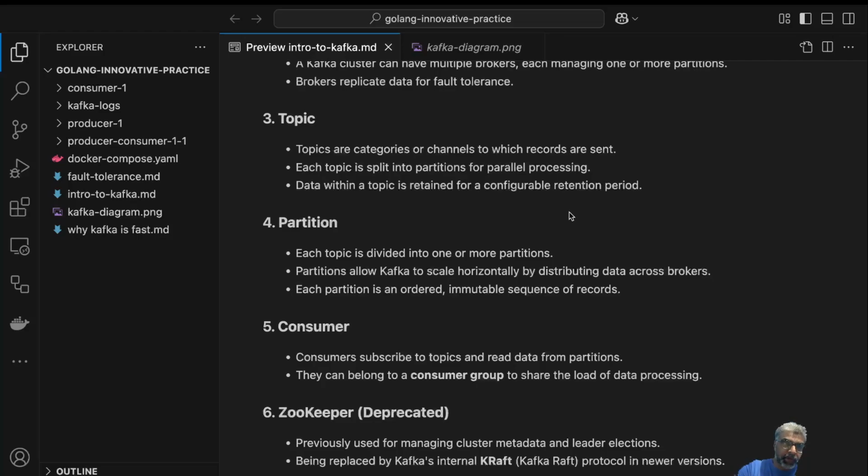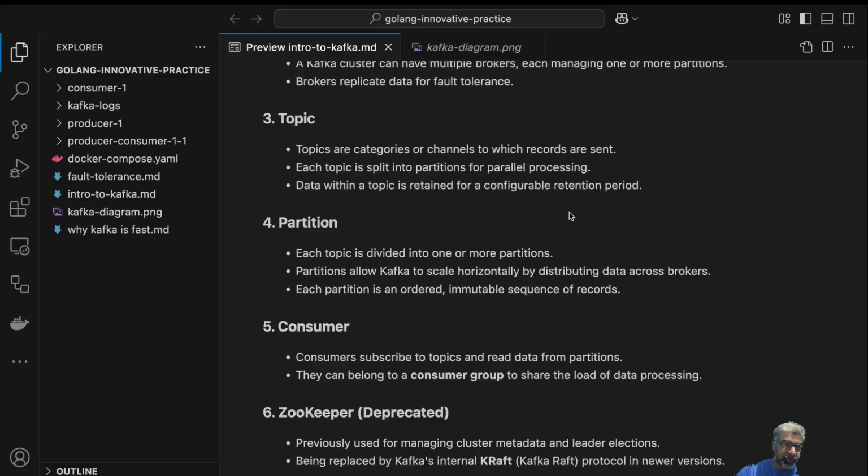Brokers don't pull the data from producers. Brokers don't push the data to consumers. It is the producers that push the data to brokers. It is the consumers that pull the data from the brokers. Brokers just keep the data, that's all. Brokers say, if you need data, please come and pick the data, self-service.